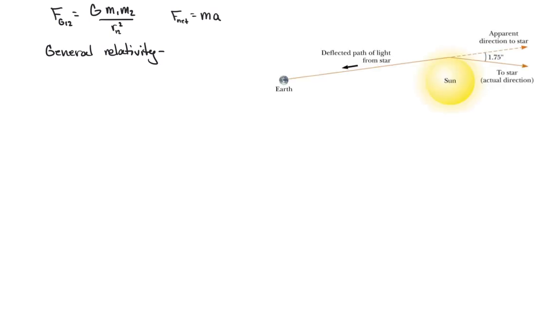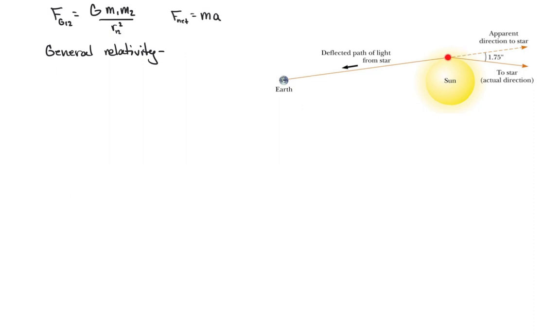So general relativity makes some predictions. One prediction is that if you have some source of light back here, and that light, in order to get to us on the Earth, has to pass by a big mass, something with a lot of gravity, like the sun, that light is going to get bent.